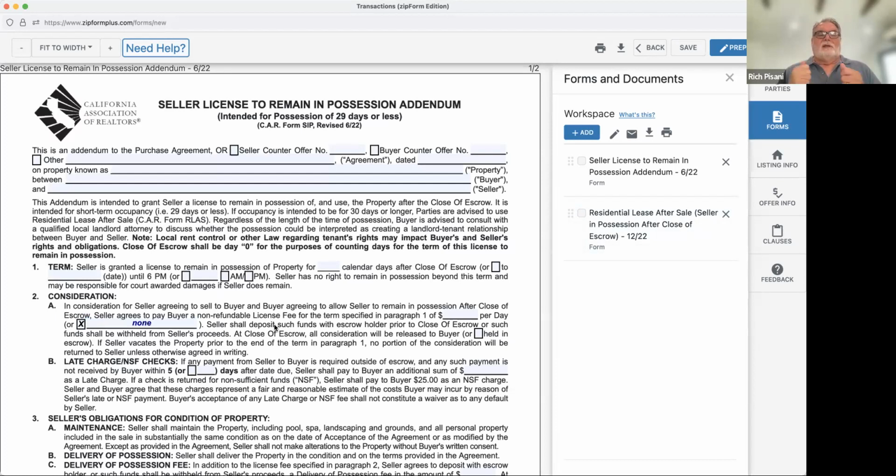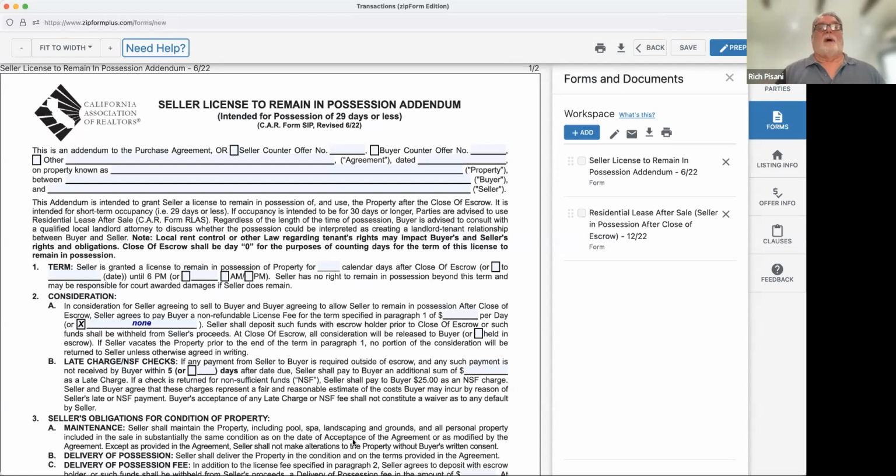Okay, so seller shall deposit such funds with escrow prior to close of escrow, or such funds shall be withheld from seller's proceeds, and then at close of escrow, all consideration defaults to being released to the buyer, or if you check that box, will be held in escrow.